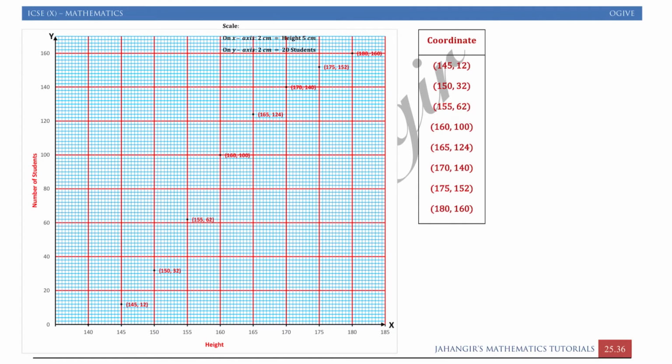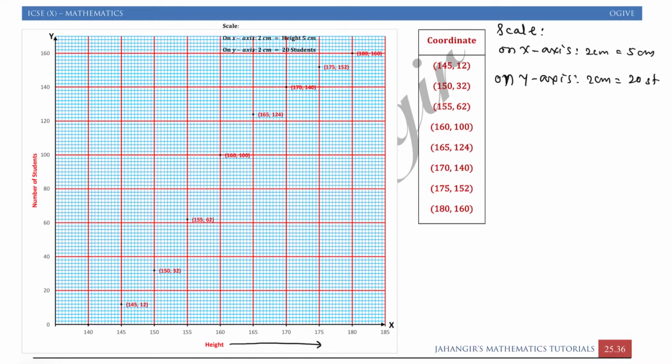you can plot it on the graph by putting the x-axis as height. The scale on the x-axis is 2 cm is equal to 5 cm height, and on the y-axis 2 cm is equal to 20 students, because the total is 160 students, so obviously we will take 20 students, and it's given in the question also.